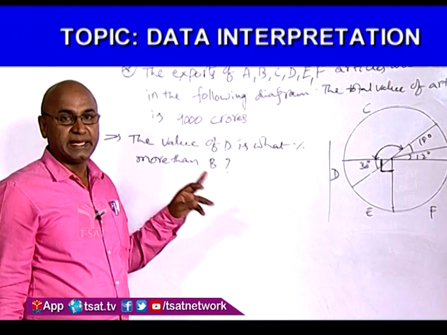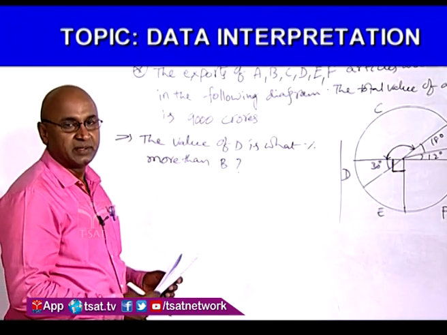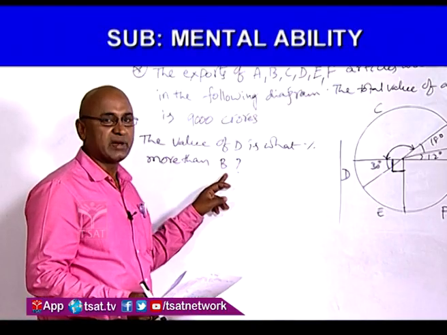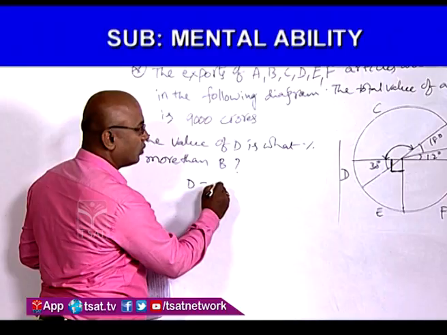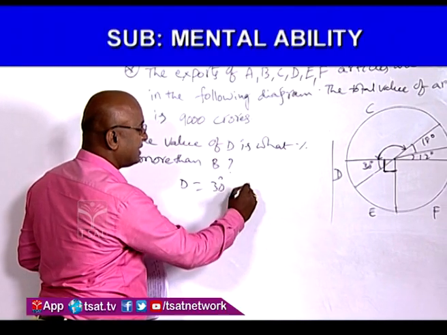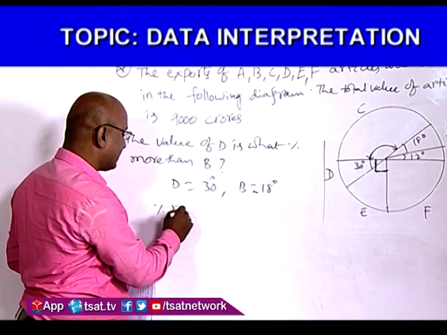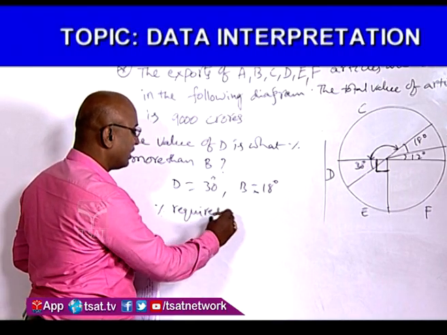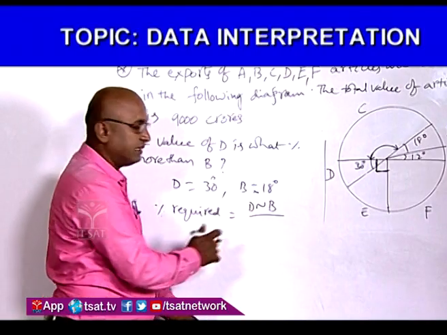Right, the next problem is like this. The value of D is what percent more than B? D is equal to 30 degrees and B is equal to 18 degrees. So the percent required is equal to the difference between D and B, by B, the comparing value, into 100.